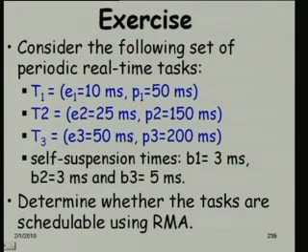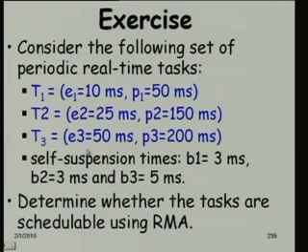So, let us look at this exercise. We have 3 tasks T1, T2, T3. For simplicity, without making it too non-trivial, we are just considering 3 tasks, but in a realistic scenario we might have 5 or 10 tasks.